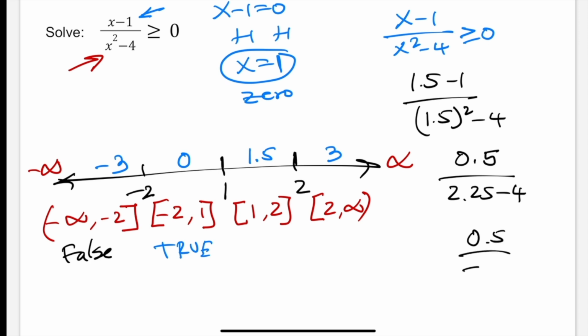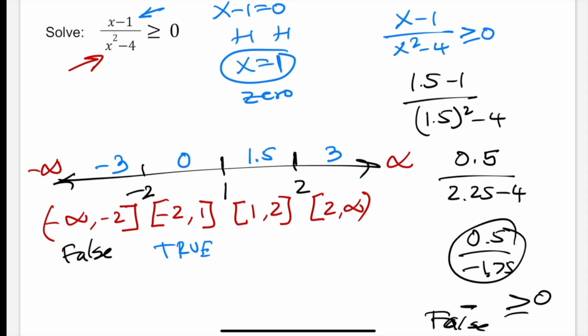Something positive divided by a negative is going to give me a negative number. And a negative number is not greater than or equal to 0. So this is false. I can find the exact answer, but I just need to know if it's greater than 0 or less than 0. Be aware of that. So this next interval is going to be false.